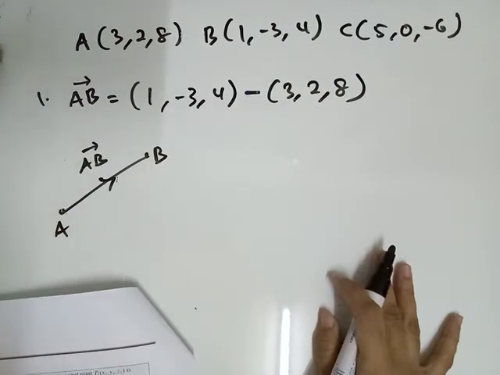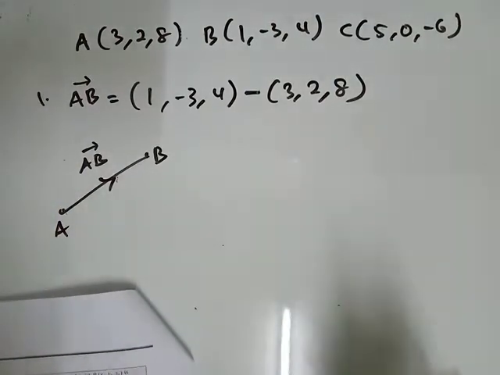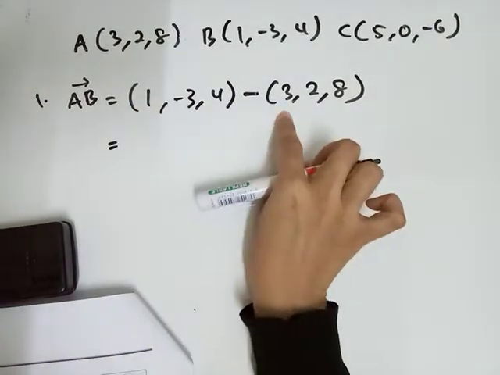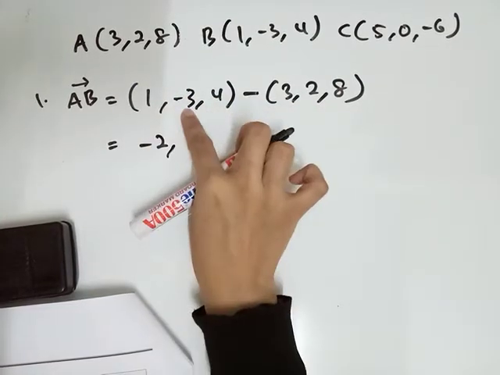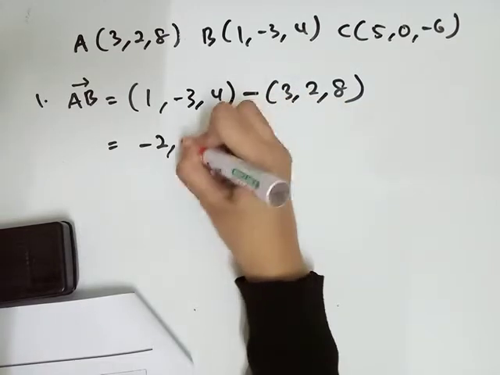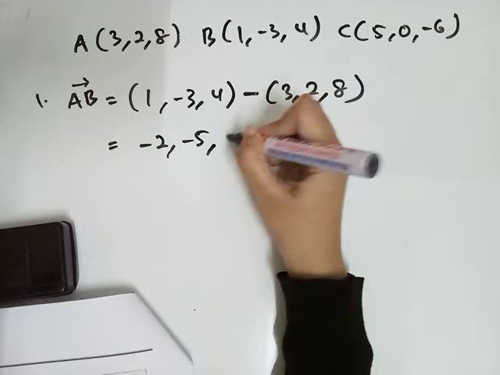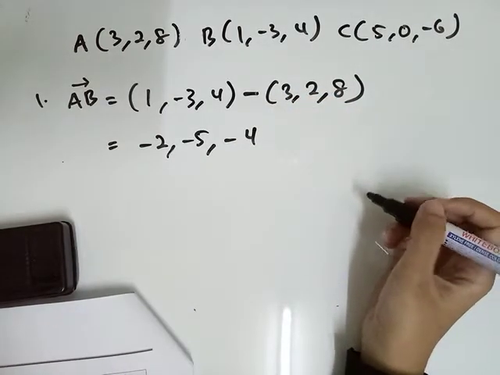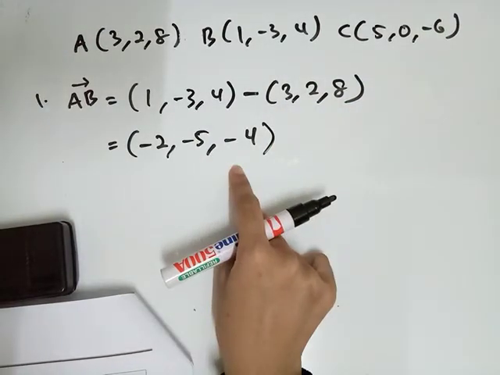Then you calculate. 1 minus 3, you get negative 2. Negative 3 minus 2, you get negative 5. 4 minus 8, you get negative 4. So this is the vector AB.